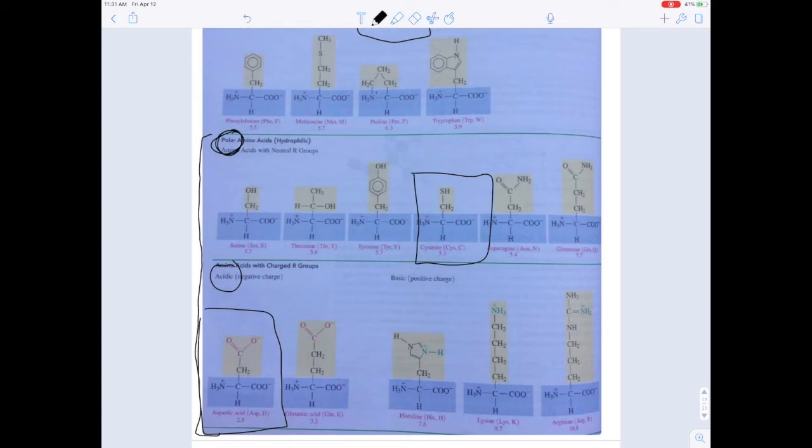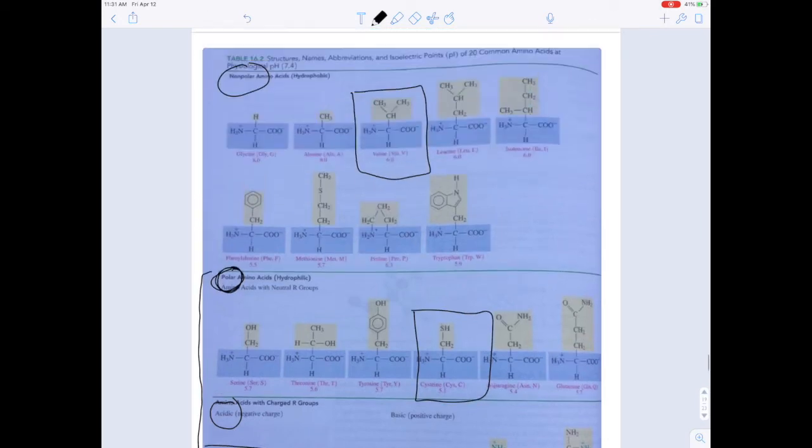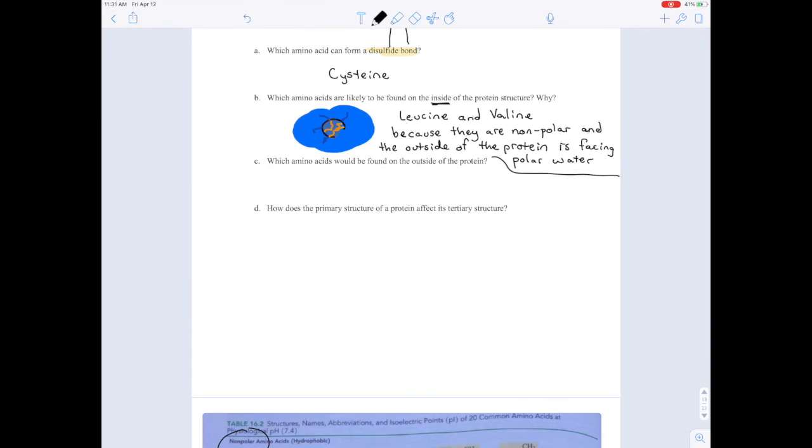It's in this polar section. So those two polar amino acids would be on the outside. So aspartic acid and cysteine would be found on the outside of the protein because they're both polar and water is polar, and like dissolves like.